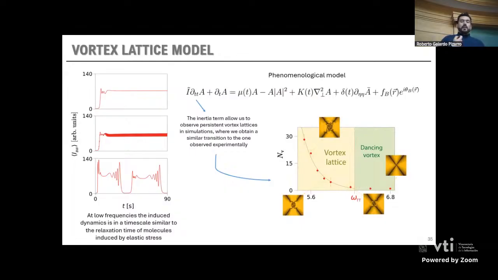In the phenomenological model with inertia, we have the same transition, or at least a transition very similar to the one that we observed experimentally. But at least we could not be convinced that this inertia term was the answer for the system, so I didn't go further in the theoretical explanations.